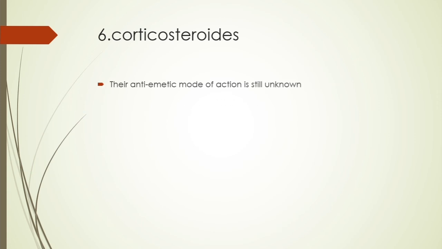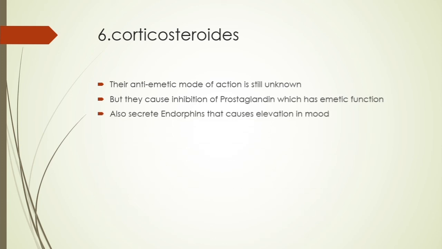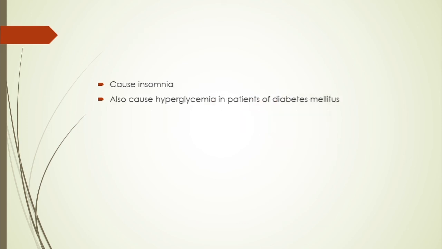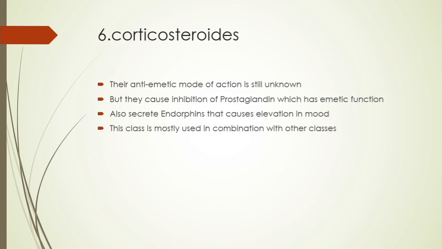Their antiemetic mode of action is still not known, but they cause inhibition of prostaglandin, which has an emetic function, and also secrete endorphins that cause elevation in mood. These two main functions make corticosteroids an antiemetic drug. This class is mostly used in combination with other drugs. It is not a very important class of drugs.